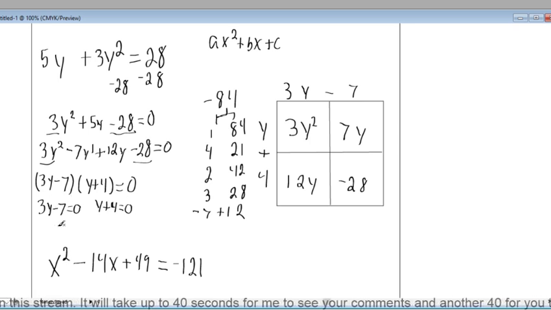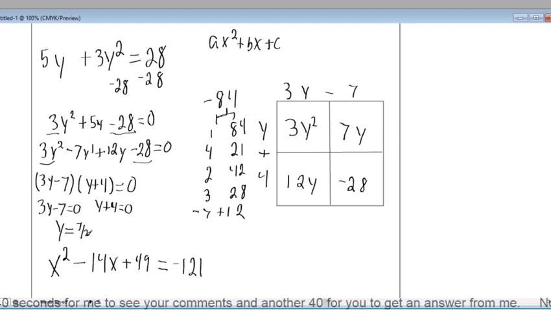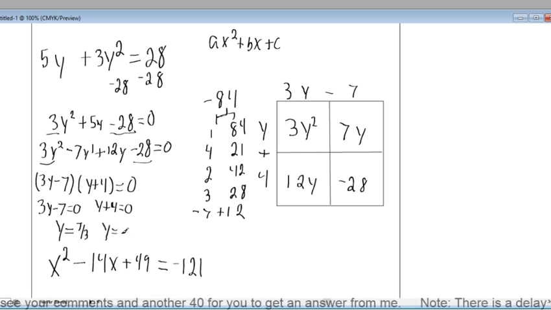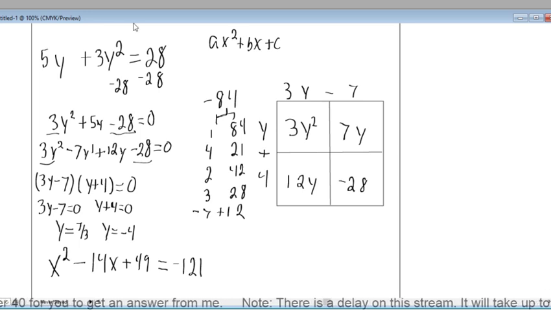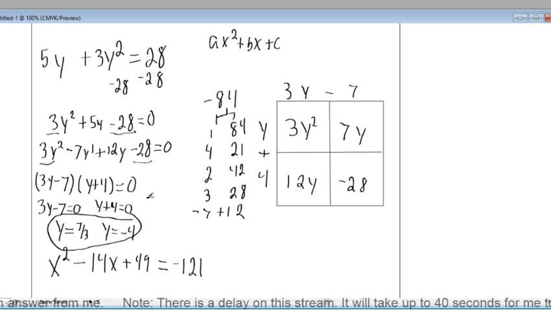So solve this one here. We get that y is equal to 7 over 3. Here, y is equal to negative 4. And there's our two answers. Okay. So, again, I will pause for any questions.